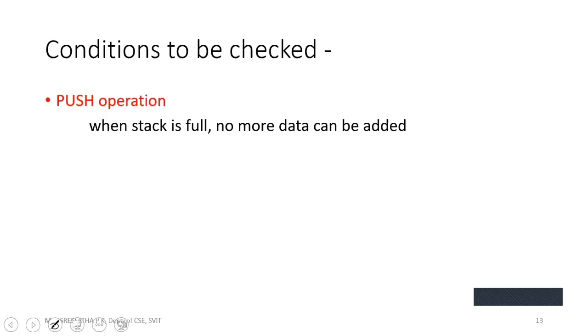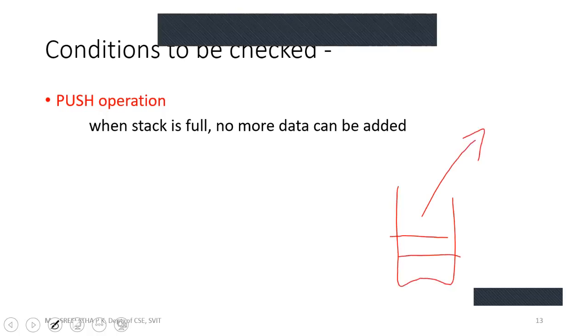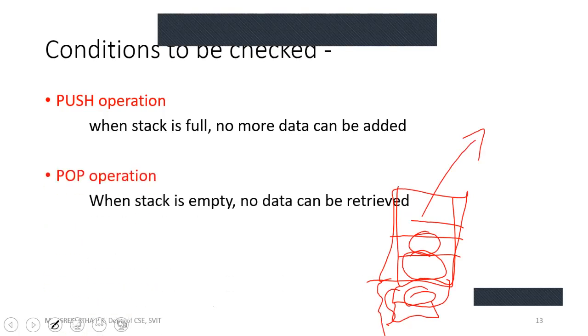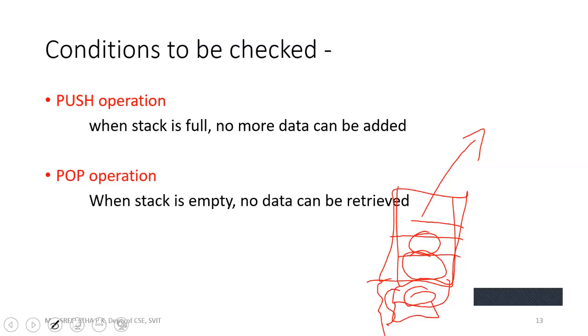Similarly, in the pop operation, when you are taking an element out of the stack, it must be checked whether there is some element in the stack. If there is no element in the stack, then it retrieves some other values, junk values, and operates on them. So the pop operation must check whether the stack is empty before accessing and taking the data.